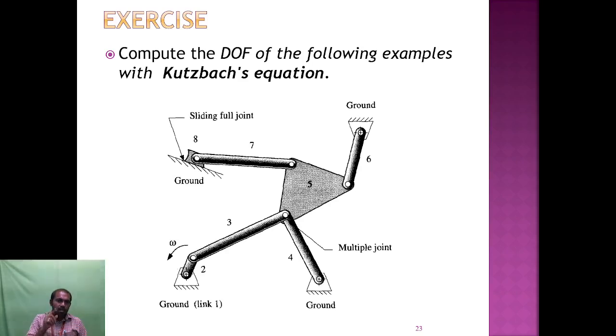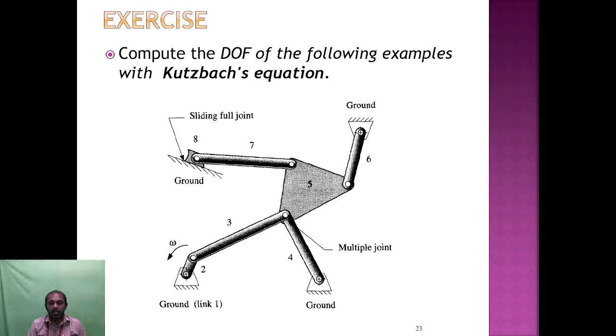Okay. So here is an example of how to find the degree of freedom. For this diagram, there are 8 links. L1 is the grounded link. How many grounded links? 1, 2, 3, 4 grounded links, but we consider one link.